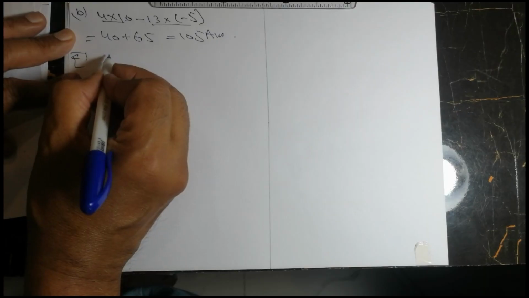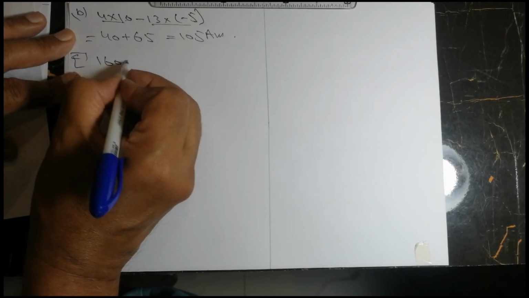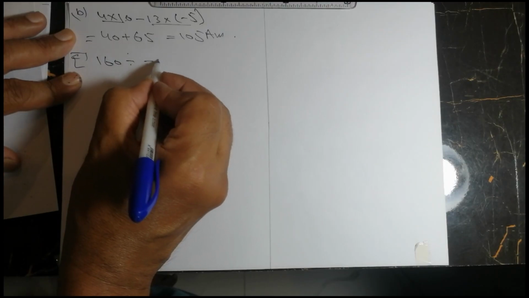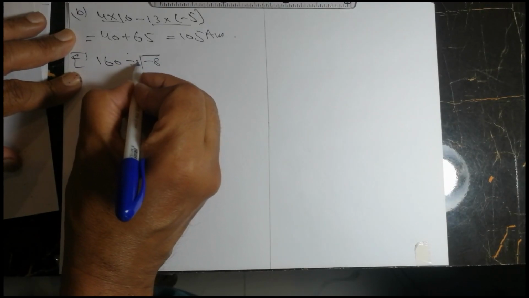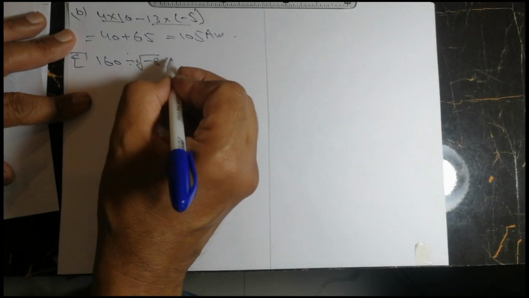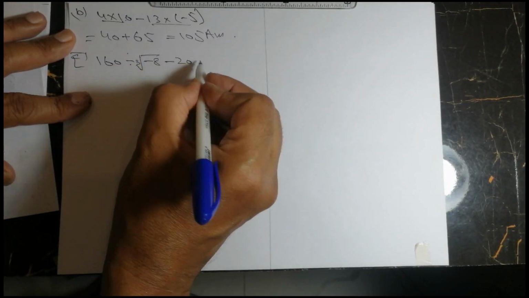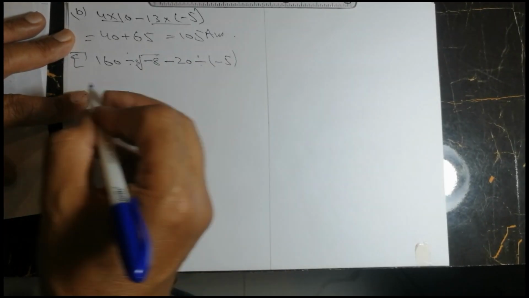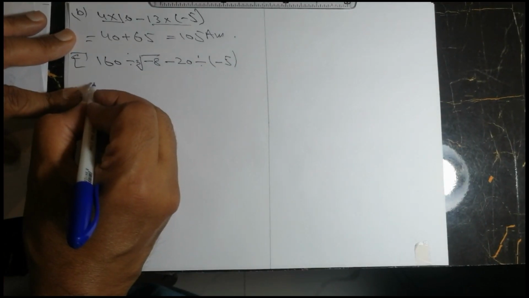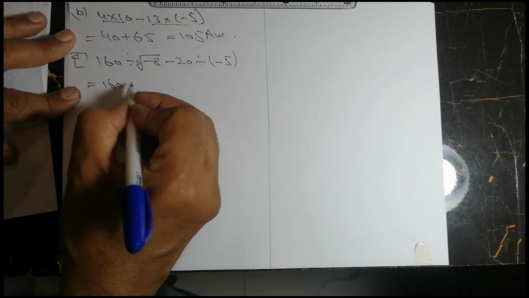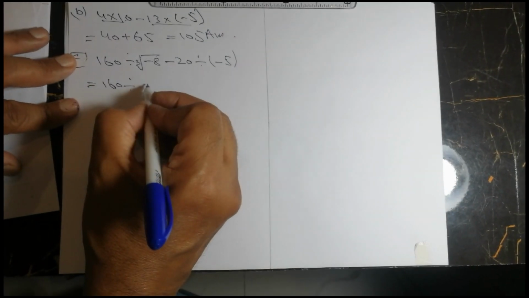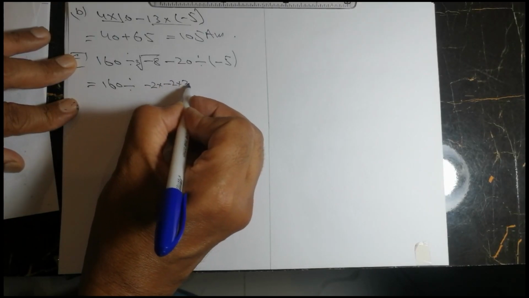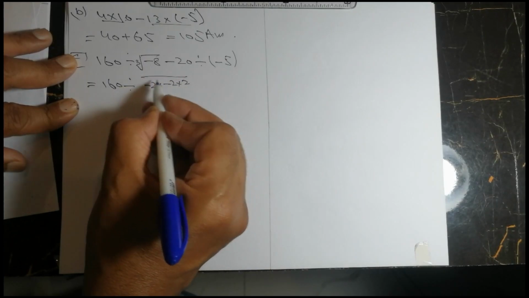Part C is 160 divided by minus 8 third root, minus 20 divided by minus 5. So this is equal to 160 divided by, this is minus 2 into minus 2 into minus 2 third root.